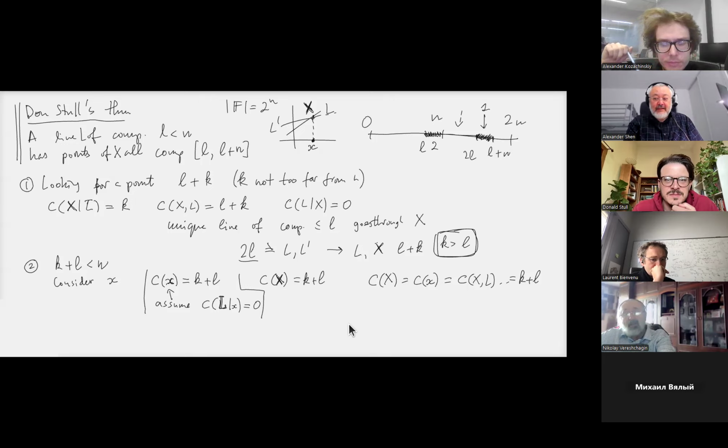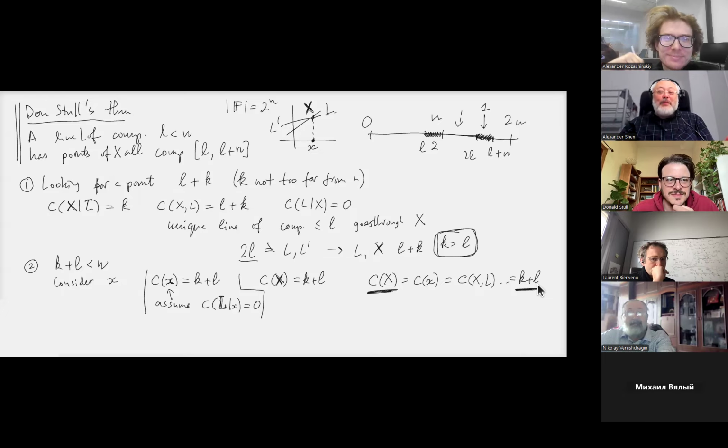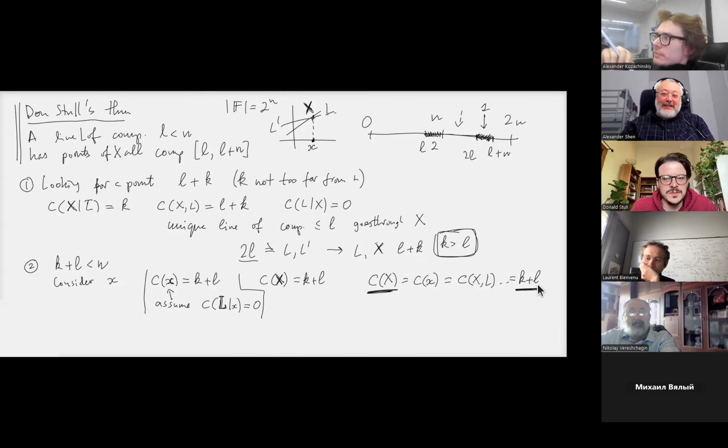And that's exactly what we need. We need a point of complexity k plus L. Really? No, we have a line of complexity L, and we want to find a point which has complexity k plus L. Okay. Now I got it.